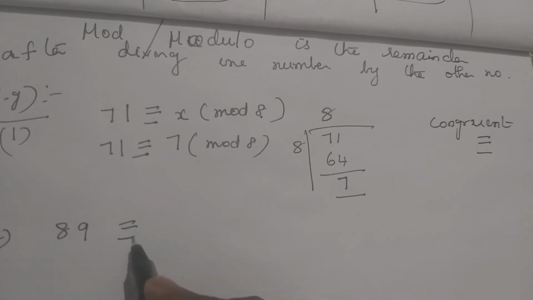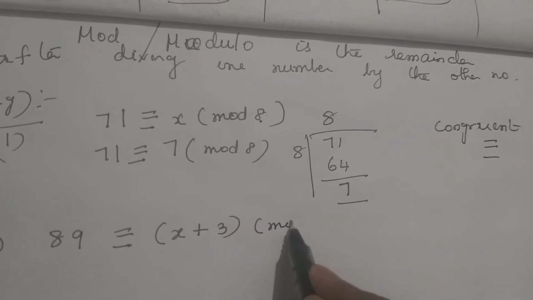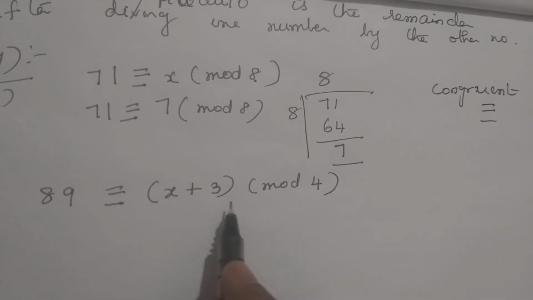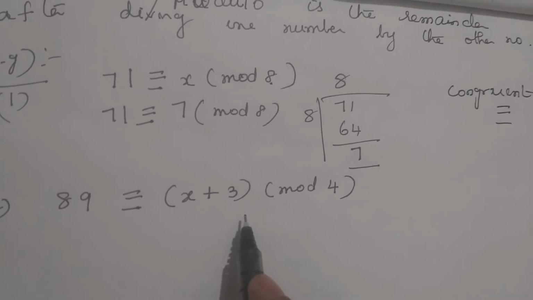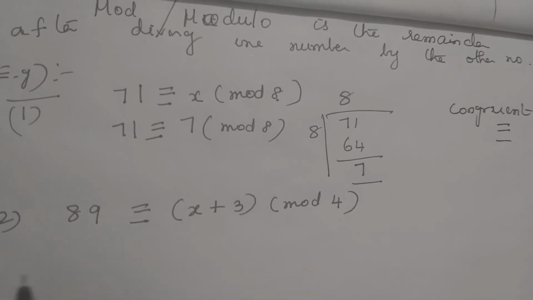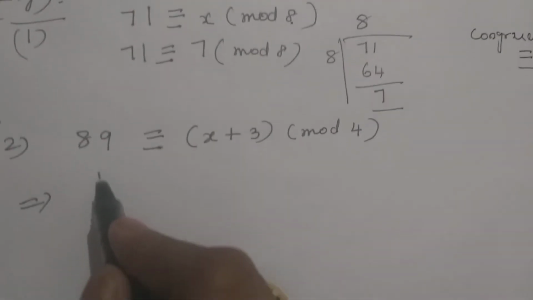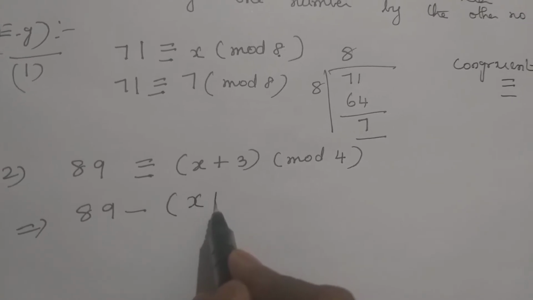89 congruent x plus 3 mod 4. So when you find a function like this in addition or subtraction or division, your procedure is the very same. Take this x plus 3, bring it to LHS. So you are getting 89 minus of x plus 3.